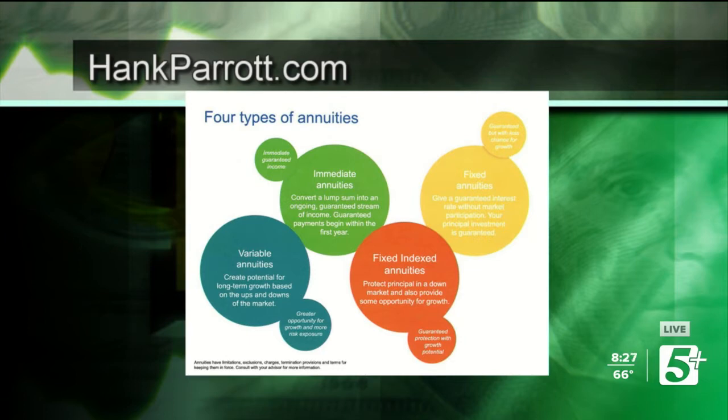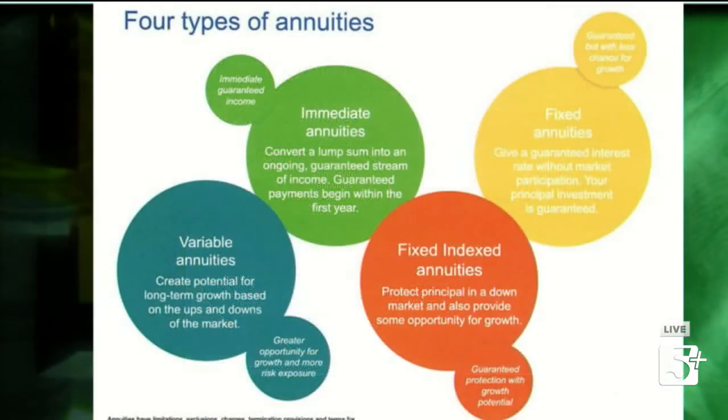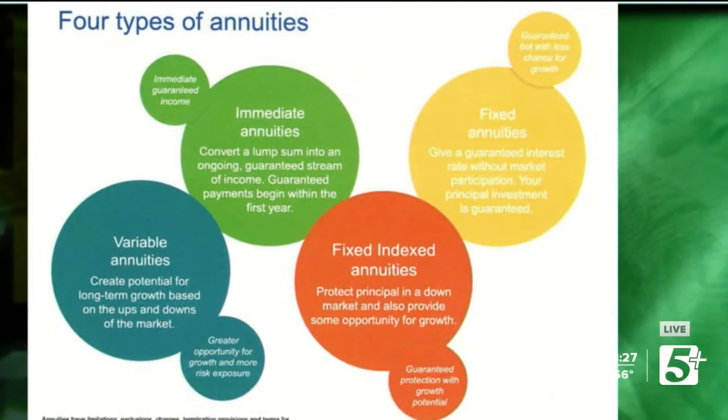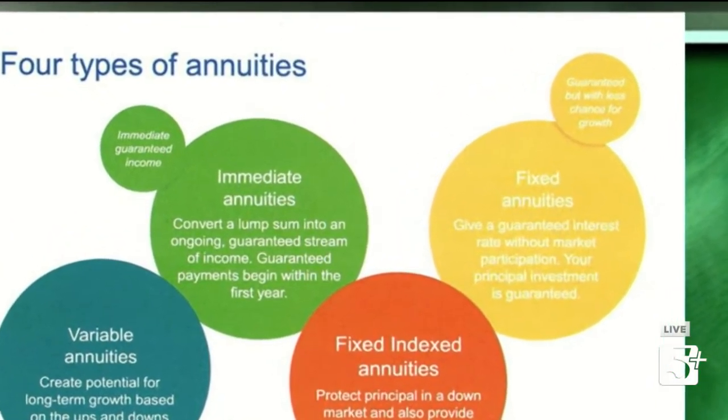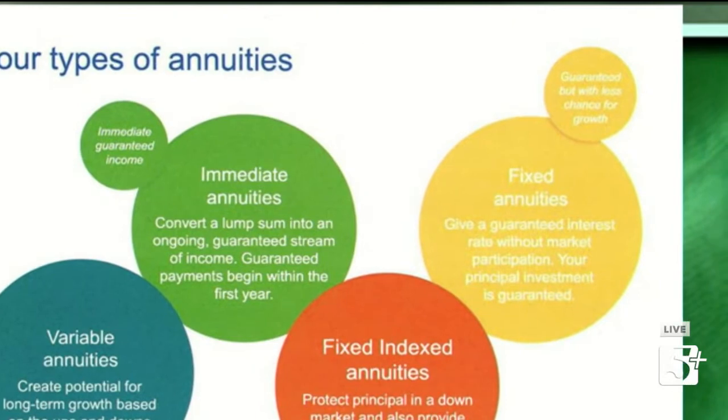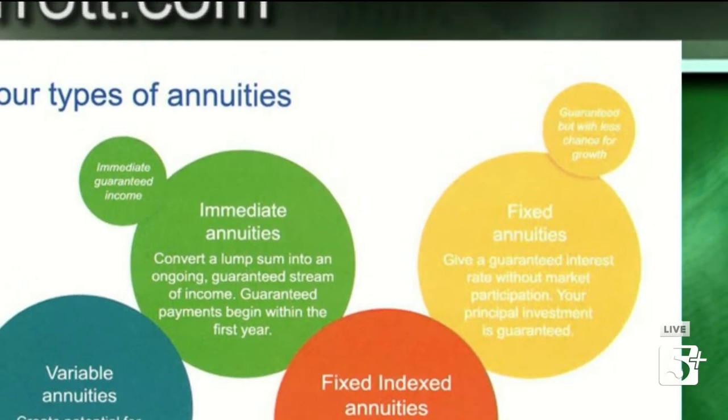Next, we have fixed annuities. Fixed annuities are sort of like CDs, or at least they have similarities. Just like a CD, you've got a guaranteed interest rate for a specified period of time, and at the end of that time, you can either renew it if you like the new rates, or you can just take your money out and do something else with it. One of the differences is that fixed annuities grow on a tax-deferred basis, so you don't pay tax until you take it out.